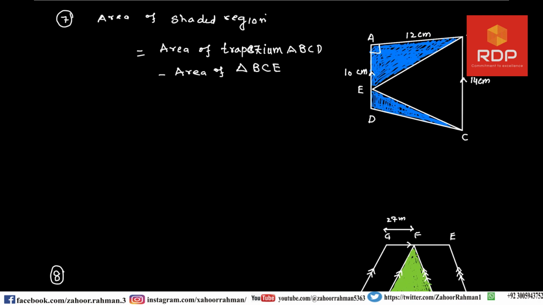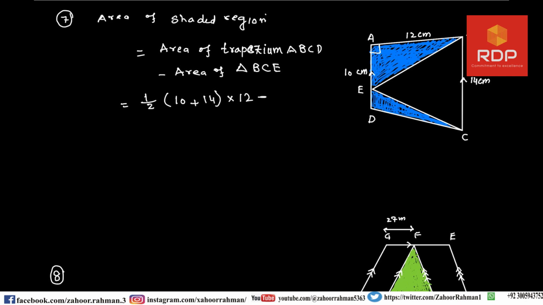So now we have to put the values inside it. Now the area of the trapezium is 1/2 into the sum of the parallel sides, which is 10 plus 14, into the height, and that height is 12.